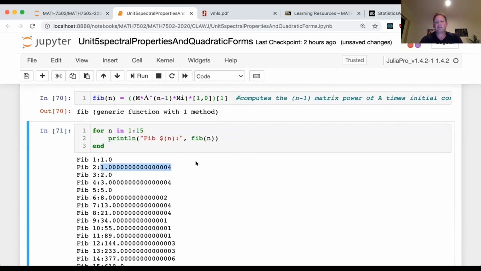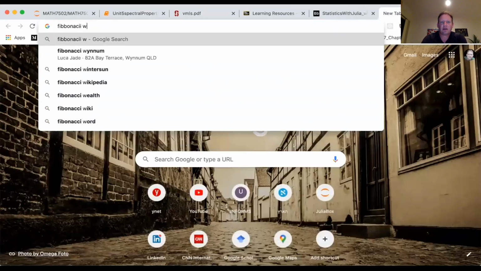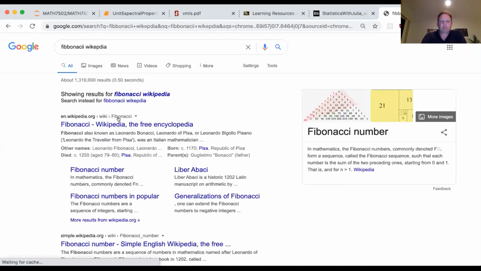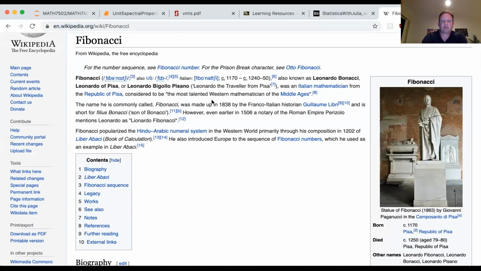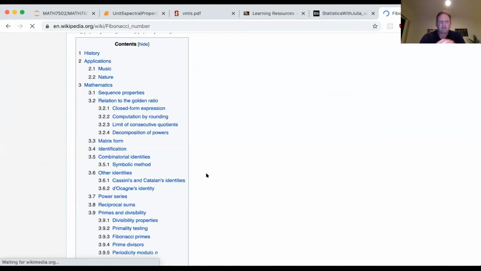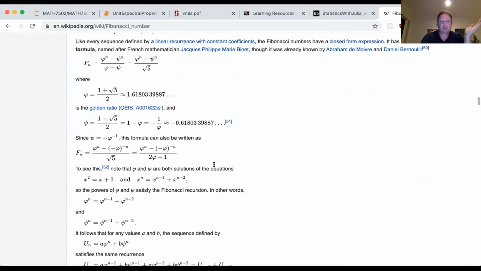But what I suggest doing is looking up Fibonacci on Wikipedia. There are so many stories about the Fibonacci numbers, but what we want is just a general formula. So here is a formula for the nth Fibonacci number.